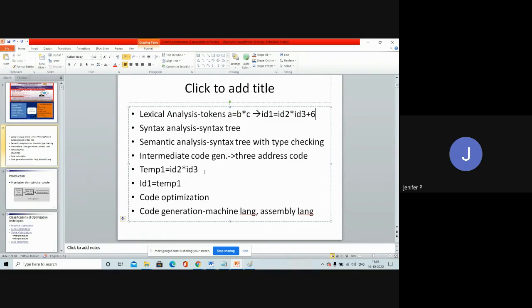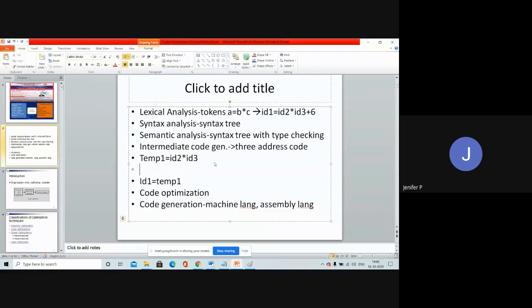For this the statements will be: first the multiplication, temp1 equal to id2 into id3, next temp2 equal to temp1 plus 6, then id1 equal to temp2, right? This is your three address code for the given statement. Consider this is your code.